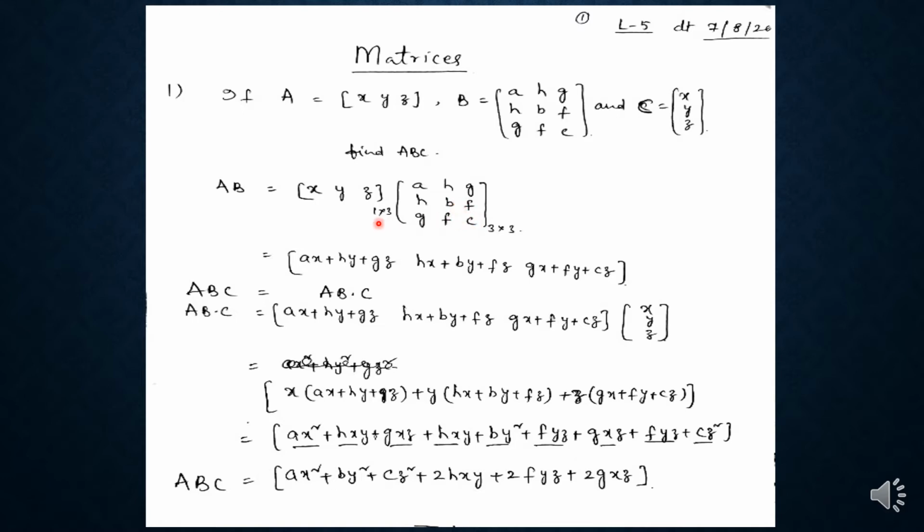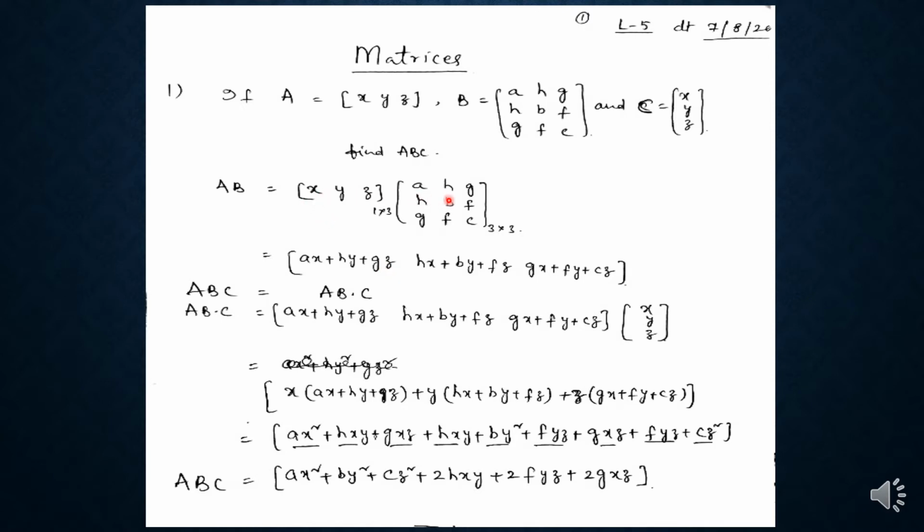So what is the multiplication of matrices? The first element is first row into first column, the second element is first row into second column, and the third element is first row into third column. Since we have only one row, we get only a row matrix. That is AX plus HY plus GZ.